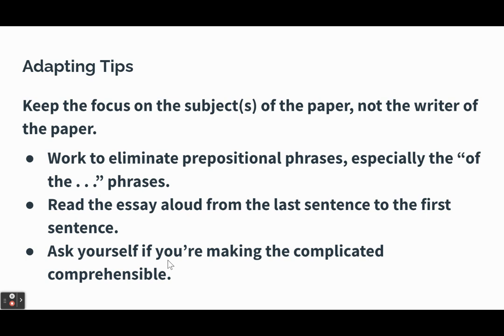Personal decisions are often complicated. Please make sure that you are taking that complicated and making it comprehensible for your audience. Your audience may have had a far different experience than you have. Some people had a lot of choices about where to attend college or university. Other people may have been told by their parents, this is where you're going.